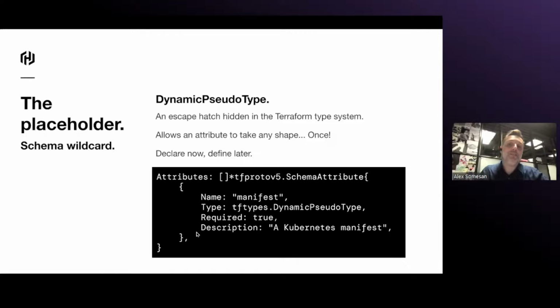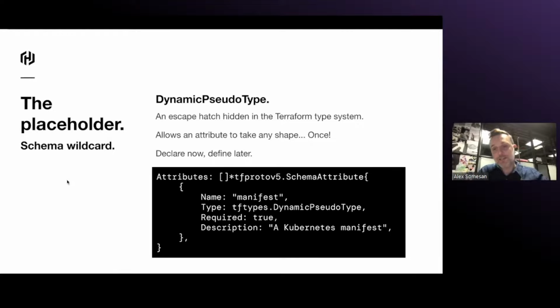So as I mentioned, there's a type system now in Terraform, and one of the types that are exposed there is the dynamic pseudotype. This is essentially a schema wildcard, if you want to call it that. It basically says this attribute of a resource can take any shape in the future, but only once. Once we've actually established its actual concrete type, we have to keep that consistent.